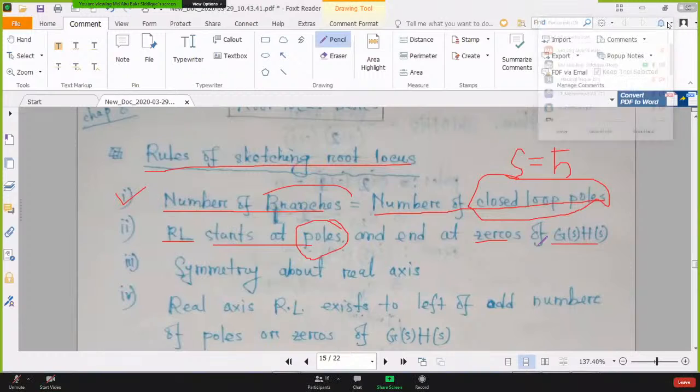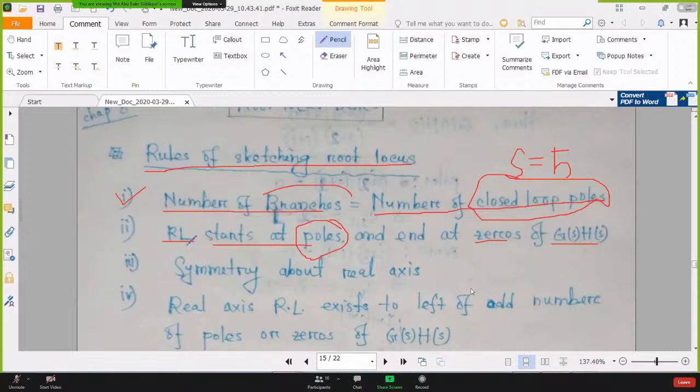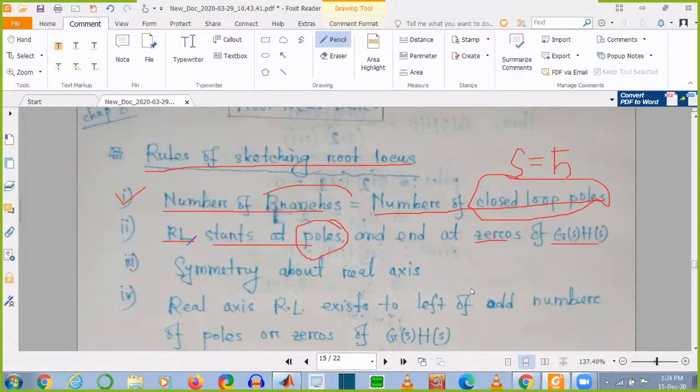When you solve math, you will understand that more. First you find out how many poles there are, and if you have 5 poles, then there are 5 branches, and after that you connect those branches. Root locus always starts at poles, and it will end at zeros of G(s)H(s). Okay.